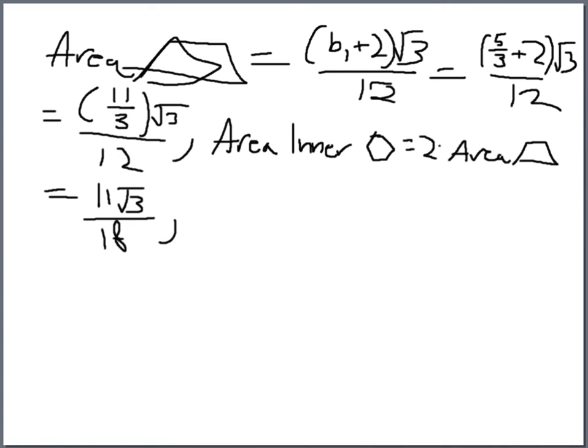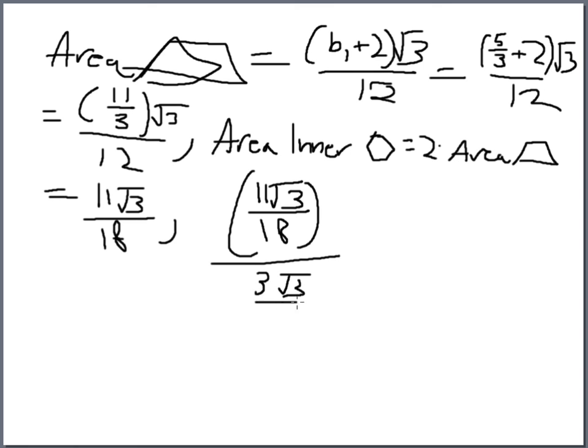So now we have that 11 root 3 over 18 is the area of the inner hexagon. And as the formula said before, we divide that by the area of the large hexagon, 3 root 3 over 2.